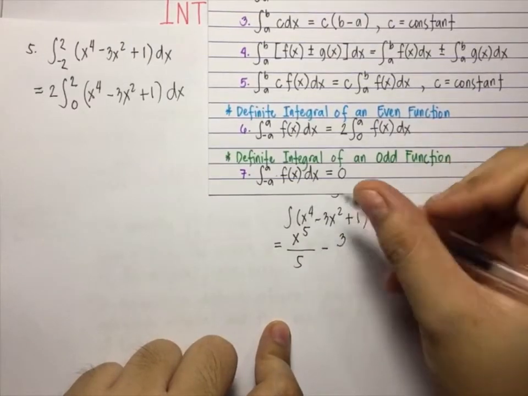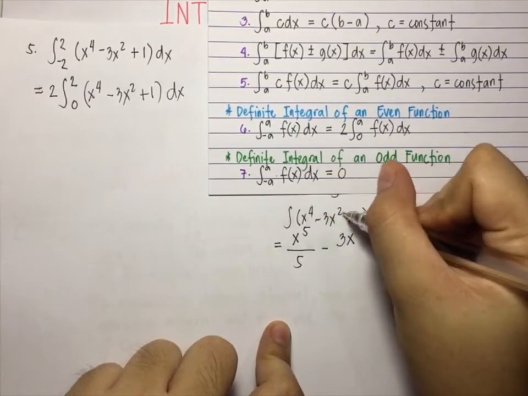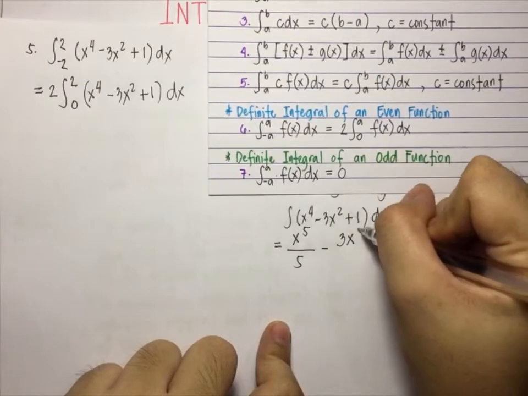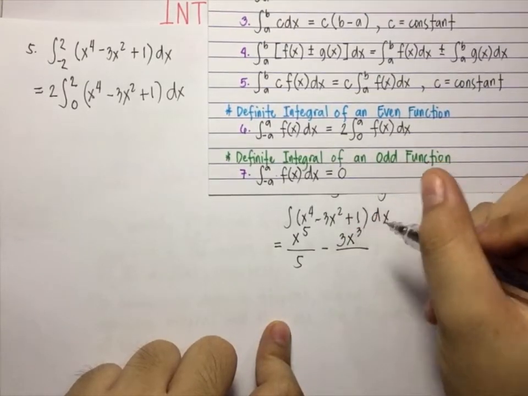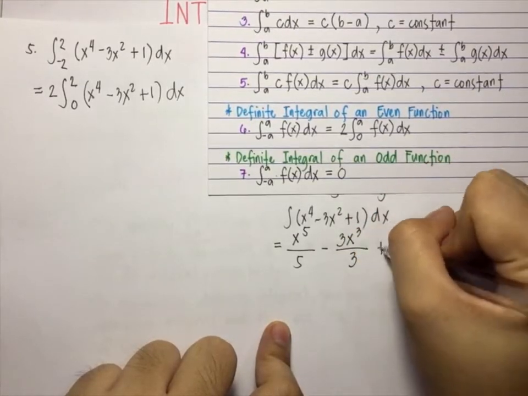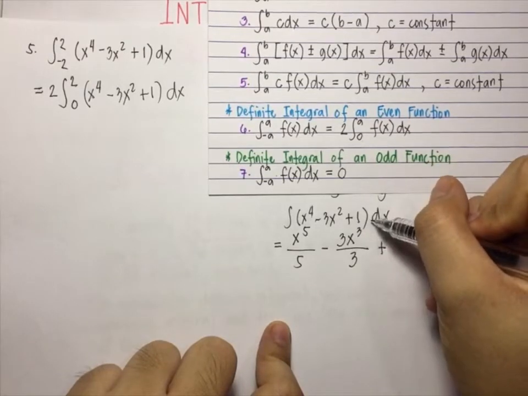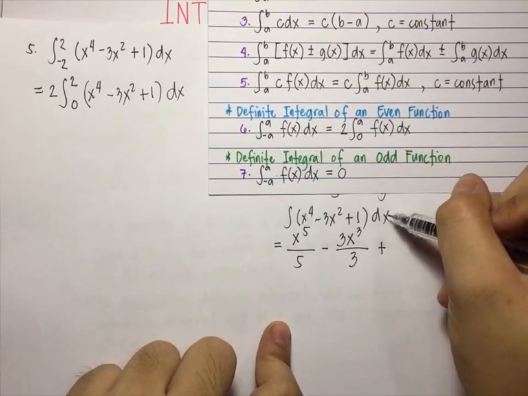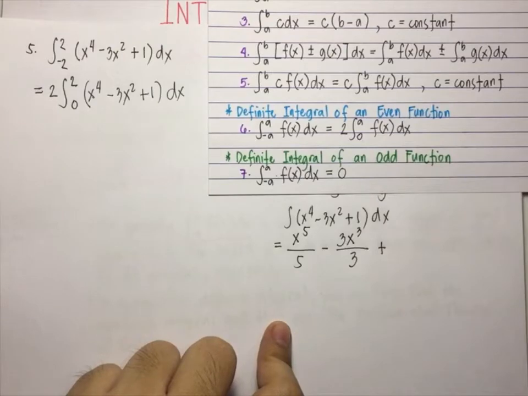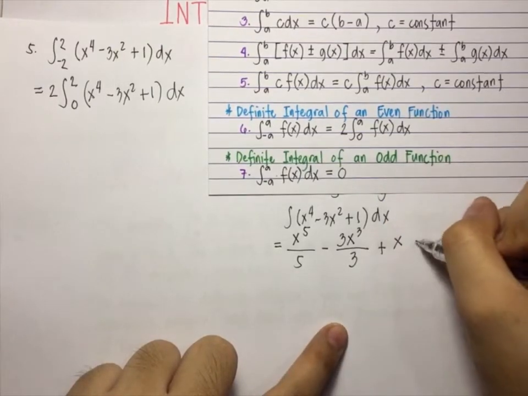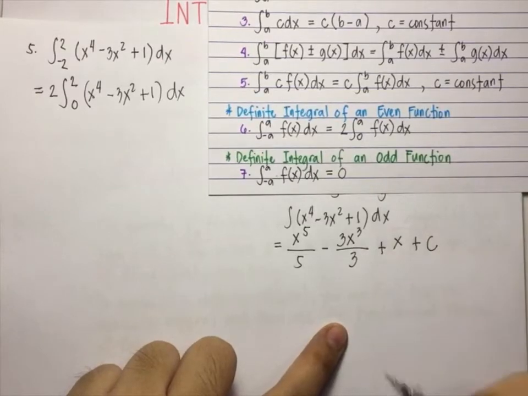Again, apply power rule where our n is 2. So 2 plus 1 is 3 over 2 plus 1 is 3. Plus 1 times the integral of dx. Remember, the integral of dx is just x. So 1 times x is x. Then plus c. We simplify.